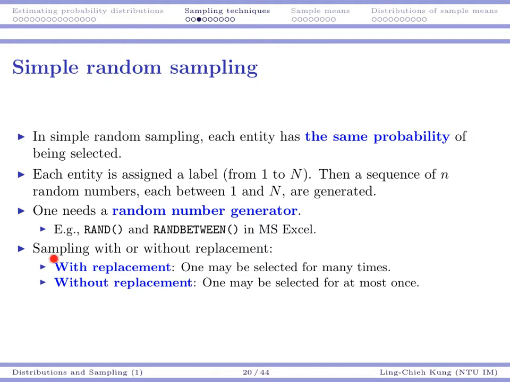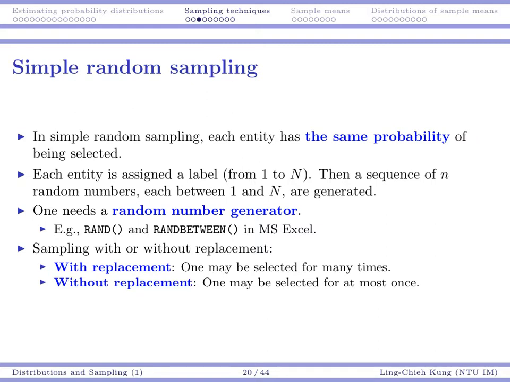Okay, then sampling with or without replacement needs to be determined. What's that? If I want to select a few values and I allow one value to be selected many times, then once I randomly get one value, I replace it directly so that it has the chance to be selected again. That's sampling with replacement.